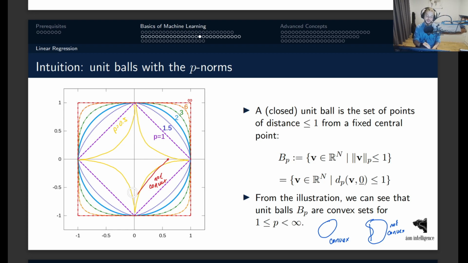This should serve as a somewhat intuitive geometrical proof that the p norms are indeed only proper norms for p larger or equal than 1. Because recall, norms are convex and the sets that they induce are also convex. And for p smaller than 1, we no longer have convex sets.